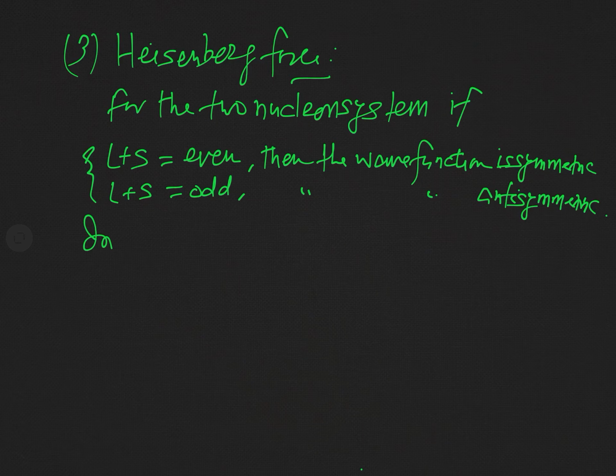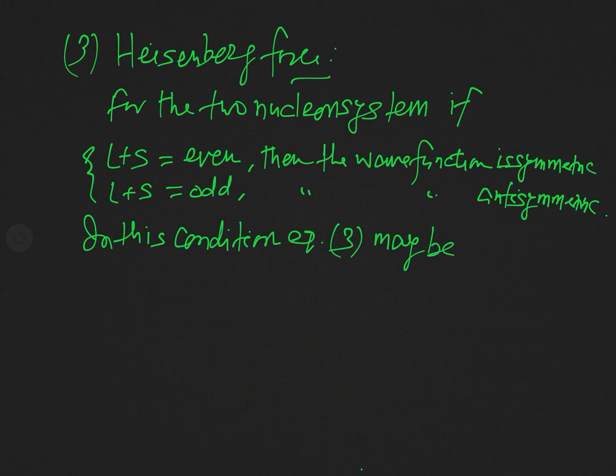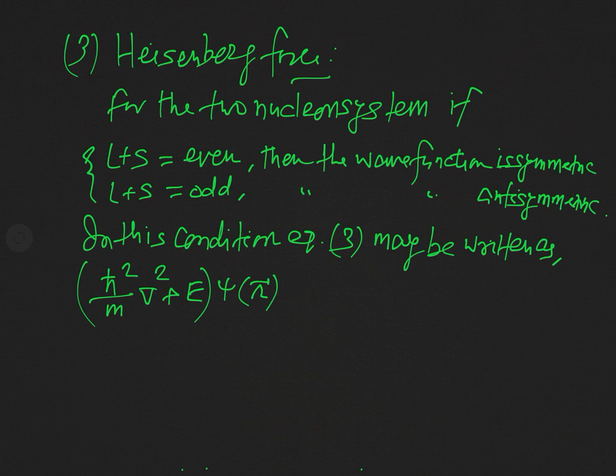In this condition, equation 3 may be written as h cross square over m del square plus E psi of r, and this is equal to minus 1 to the power L plus S plus 1 V of r psi of r, and say this is equation 3a.